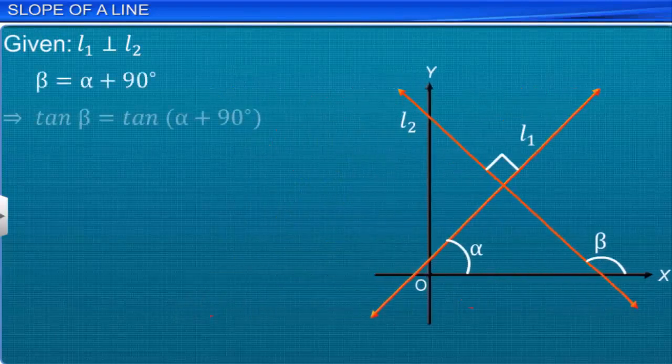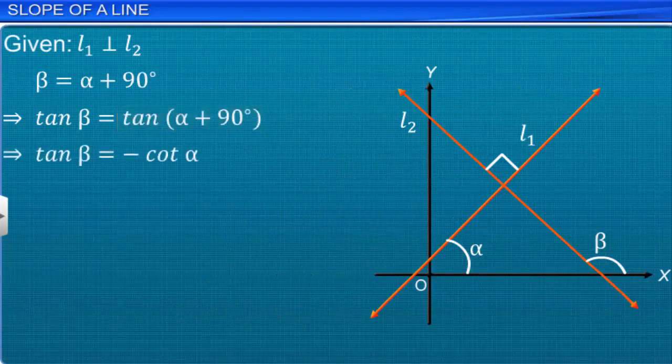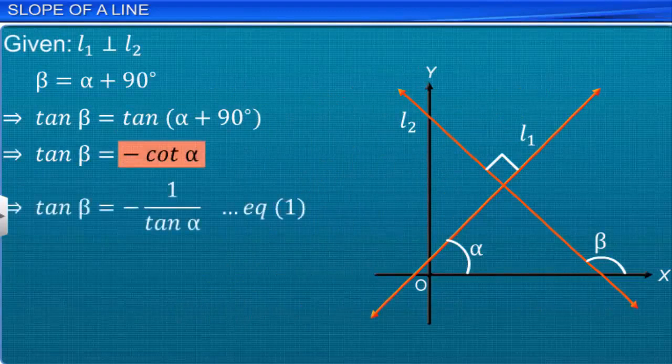Let us take the tangent of both sides of the equation. Tan of alpha plus 90 degrees is equal to minus cot alpha. Also, cot alpha is equal to the reciprocal of tan alpha.